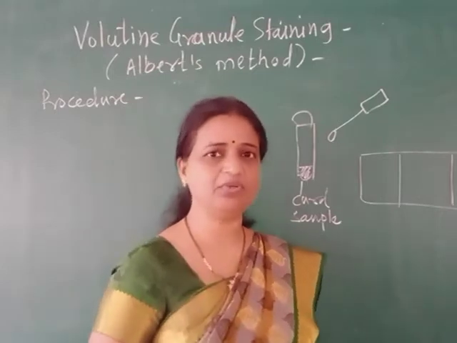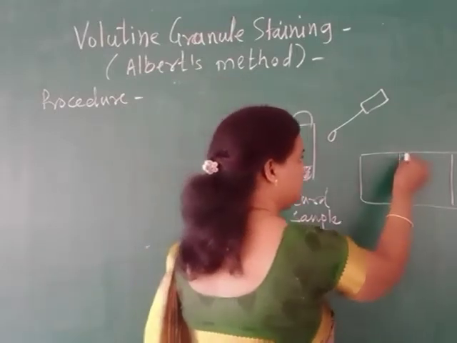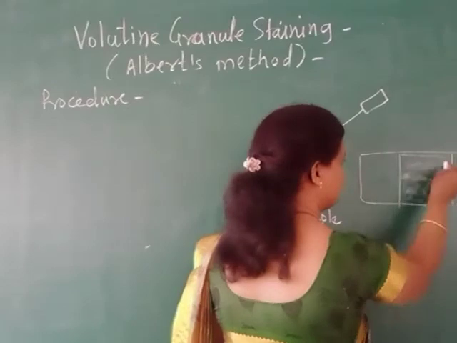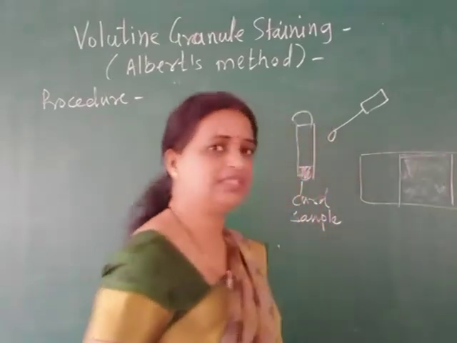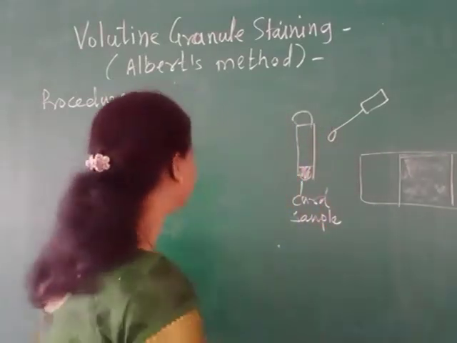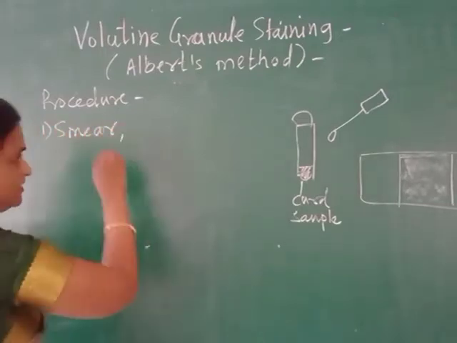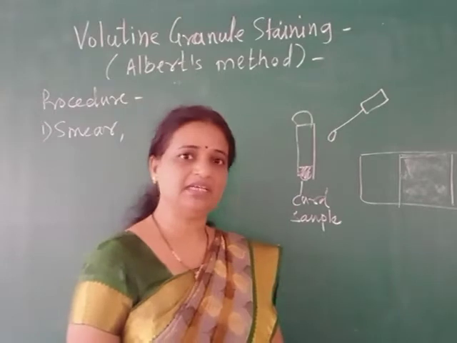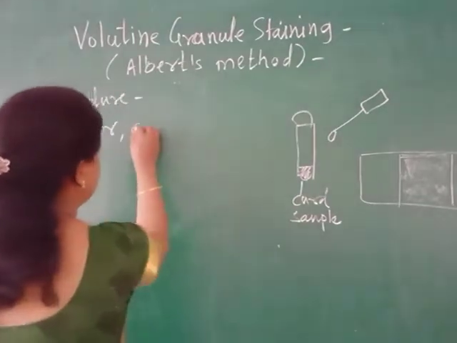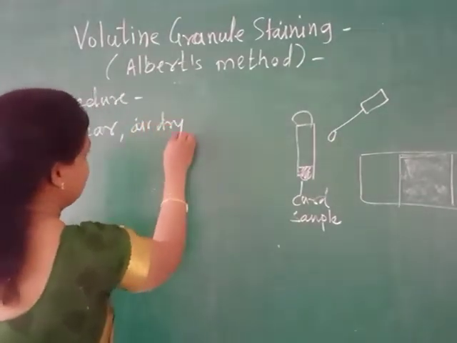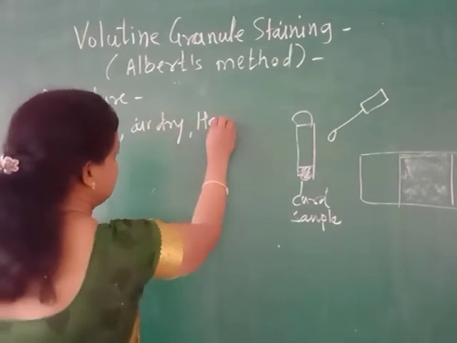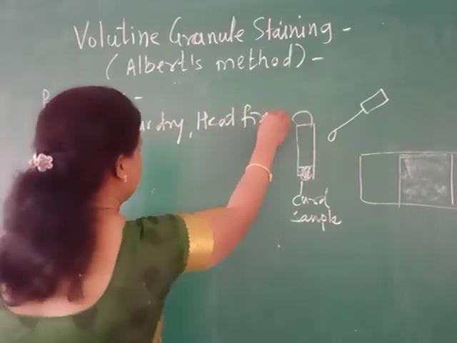Normally take the liquid portion of the curd and spread that liquid portion having lactobacilli over that marked area. So that is called smear preparation. First step of the procedure is to prepare the smear by this method and then allow it to air dry. Air dry the smear. After air drying, heat fix the smear. So that is the first step of the procedure.